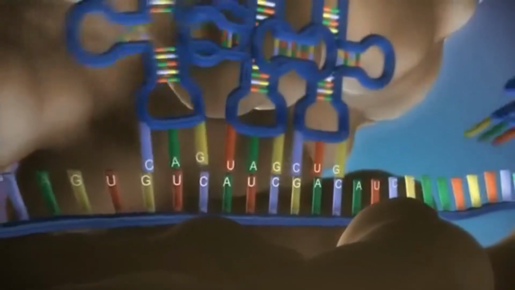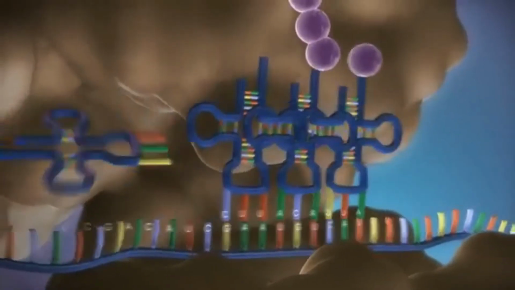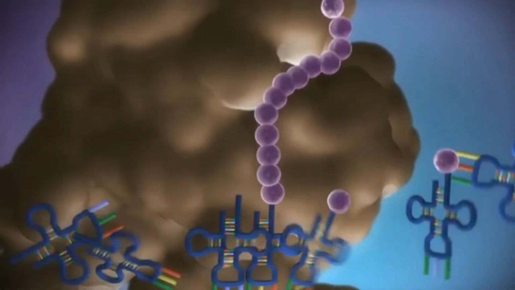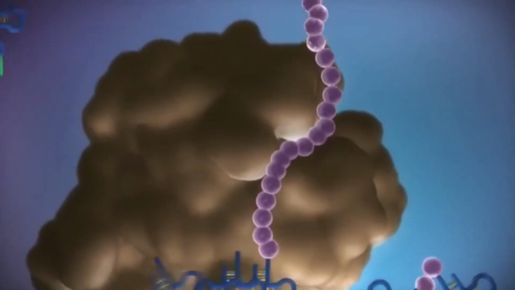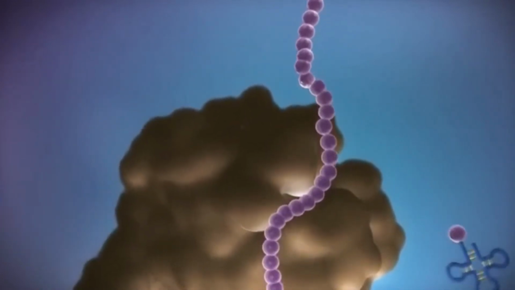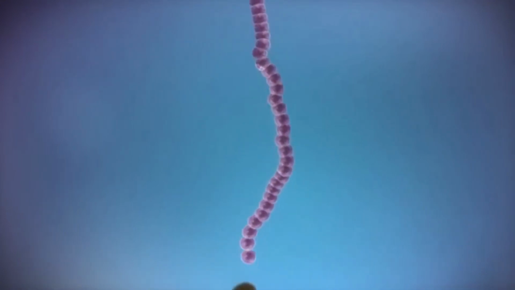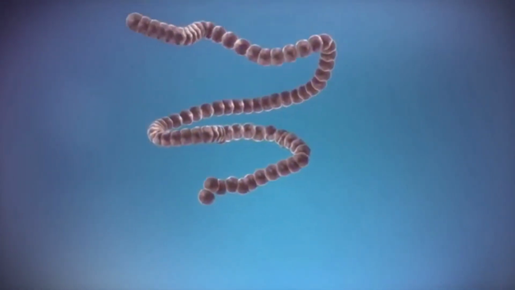As each triplet is read, a transfer RNA delivers the corresponding amino acid. This is added to the growing chain of amino acids. Once the last amino acid has been added, the chain folds into a complex 3D shape to form the protein.